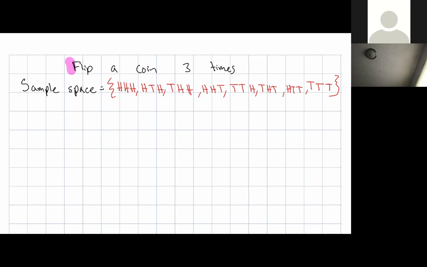Mm-hmm. All right. So say I want to find the probability that the coin, when I flip it 3 times, lands on H, H, T. Actually, let me rewrite this. So we want to find that the first time it lands on H, the second time it lands on H, and then the third time it lands on tails.